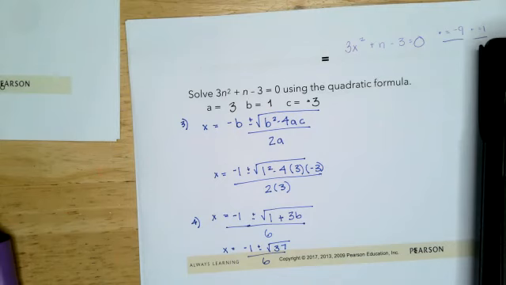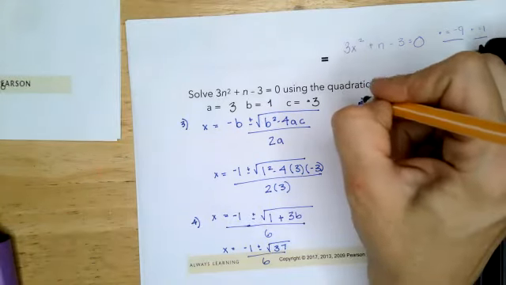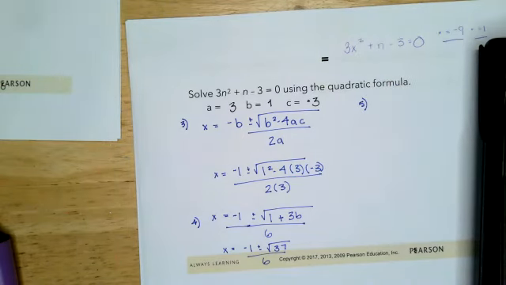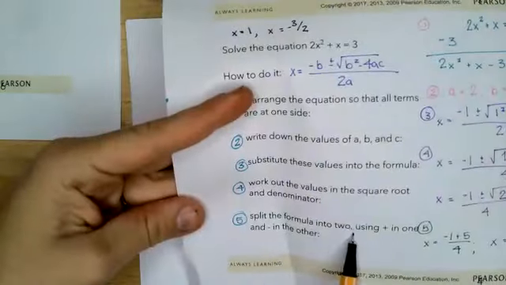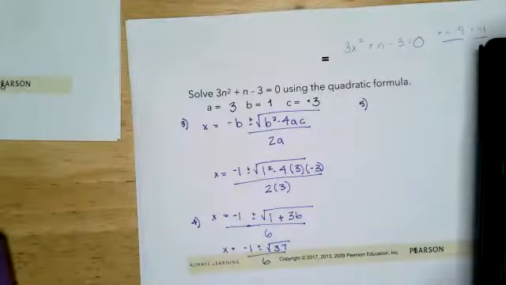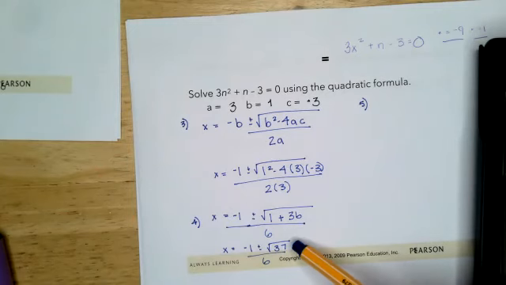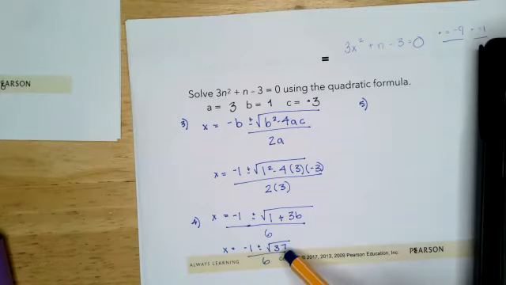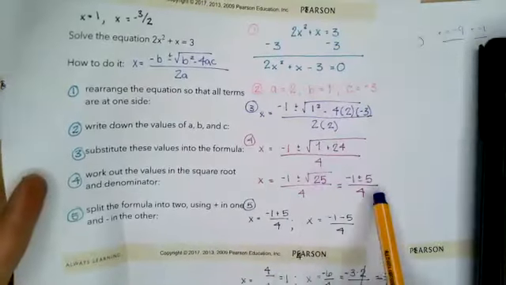Step 5 is split the formula into 2 using plus in one and minus in the other. You want to make sure you've looked at that square root of 37 and you can't make it any simpler, right? When we did the square root of 25, we changed it to 5.